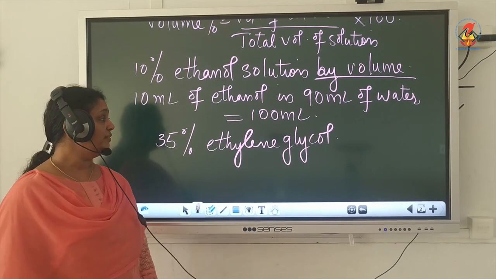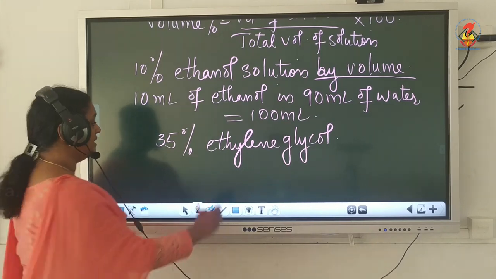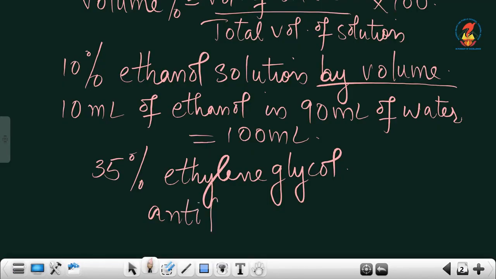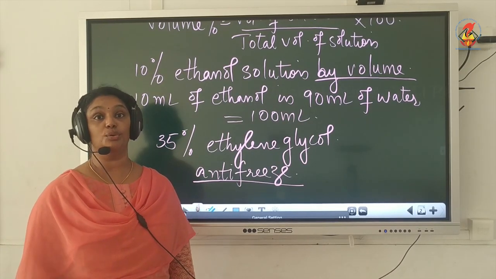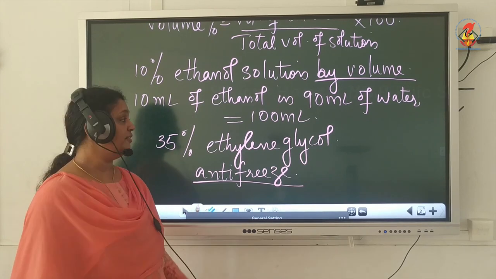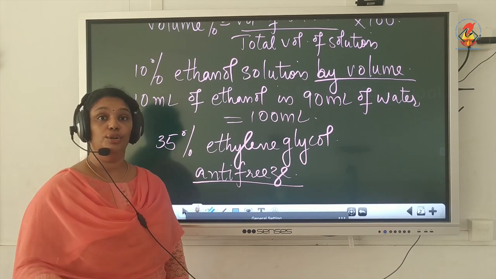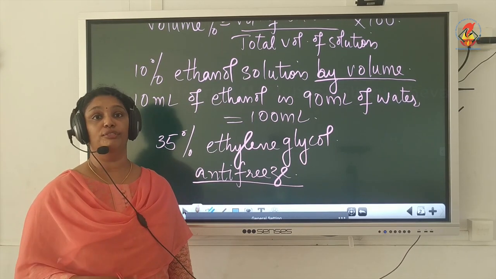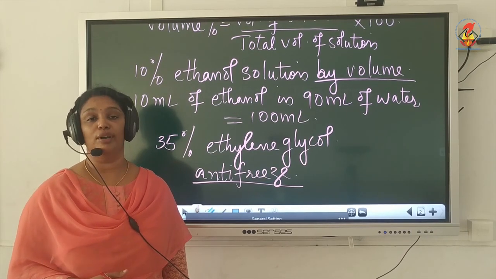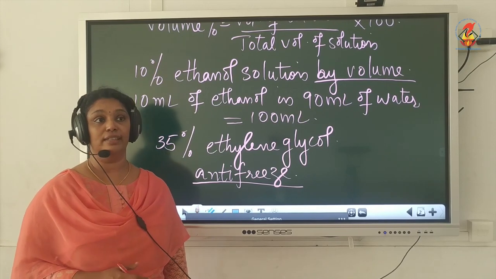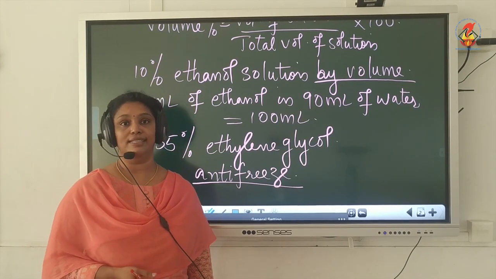Okay, now this 35% ethylene glycol is used as an antifreeze, that is used to cool the engines in cars. That is, 35% ethylene glycol will lower the freezing point of water to minus 17.5 degrees Celsius. So we know that the freezing point of water is 0 degrees Celsius.